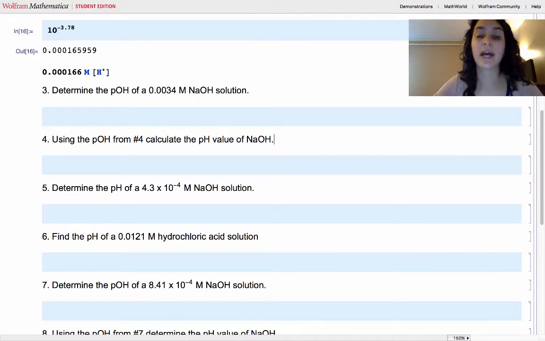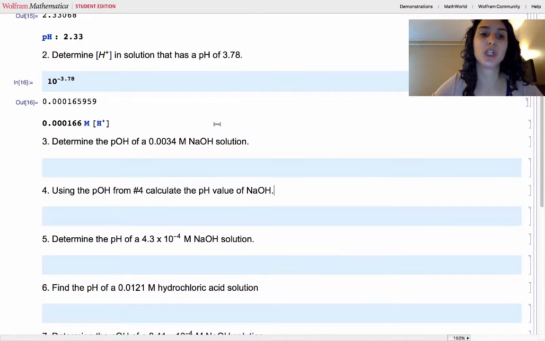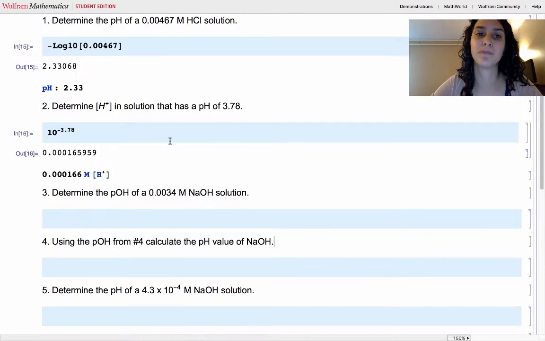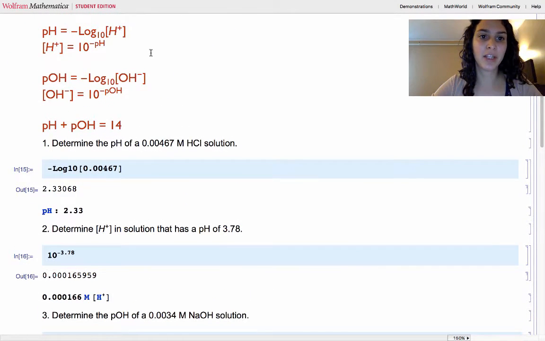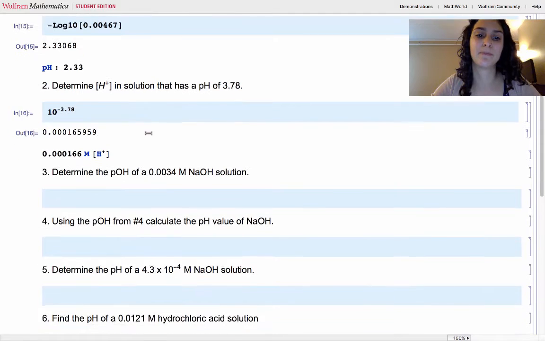Okay, sorry, let's go back. So number 3 is saying, determine the pOH of a 0.0034 molar solution. So pOH is the negative log of the OH hydroxide concentration.